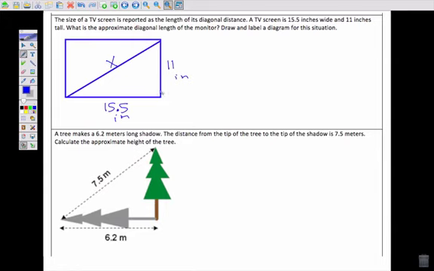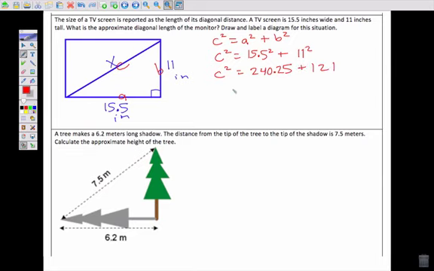Okay, now I have a right triangle because we have this rectangle, and then I'm trying to find the diagonal. So I label my sides. Across from the 90 degrees is C, and then I'm going to call this side A and this side B. So this time, trying to find C, so my equation is C squared is equal to A squared plus B squared. All right, so C squared is equal to 15.5 squared plus 11 squared. 15.5 squared is 240.25. 11 squared is 121.